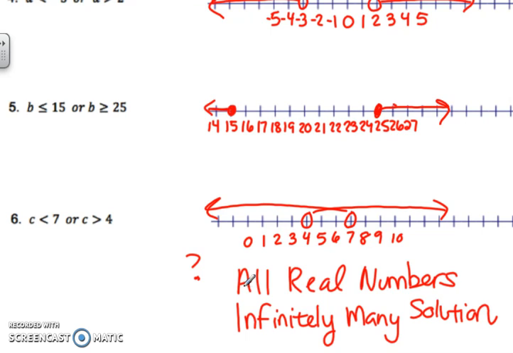So infinite solutions, all real numbers, anything like that. Again, if you have an OR problem that is wanting you to shade and overlap the whole number line, all real numbers, or infinite solutions.